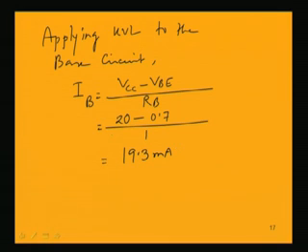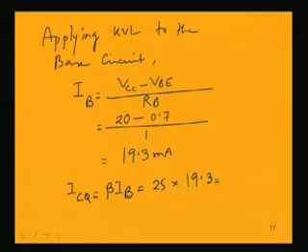So, if IB is equal to 19.3 milliampere flowing, what is the DC collector current ICQ? That can be found out, because we know the value of beta, beta times the base current is the collector current. Beta value 25, 25 into 19.3, this many milliamperes will be flowing as the DC collector current.